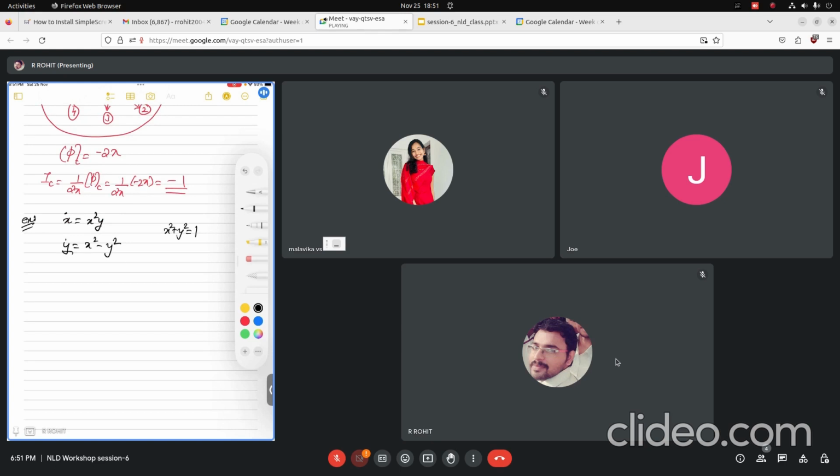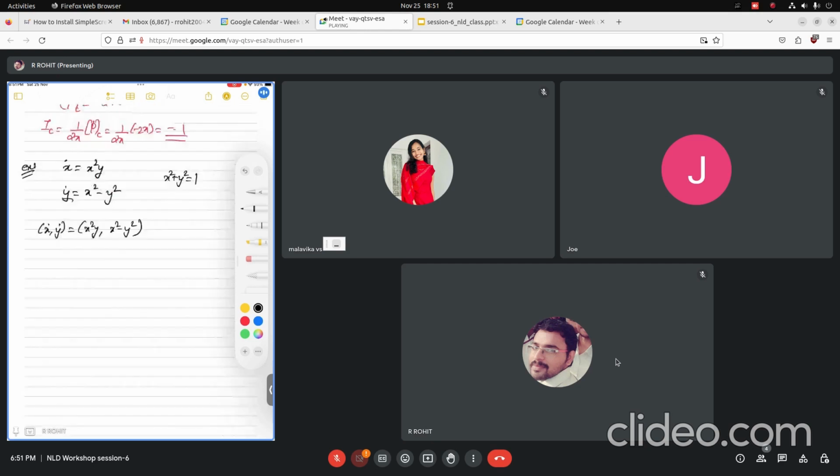Now we ourselves need to draw the vector field. So we first take this vector x dot, y dot, which is x square y, x square minus y square. Since it's given on a unit circle, you can draw a circle of radius 1.